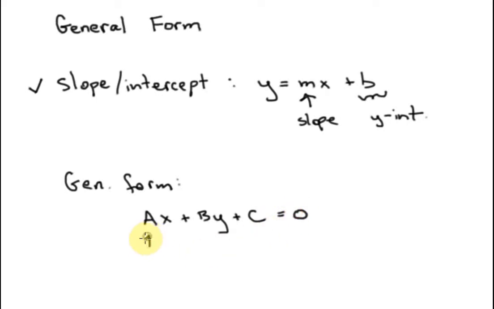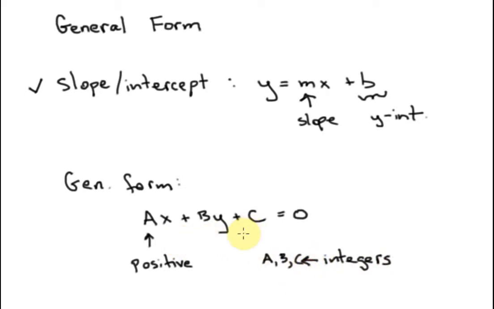A, the number in front of the x, has to be positive, and all three numbers, a, b, and c, have to be integers. In other words, they can't be fractions. So these have to be integers.